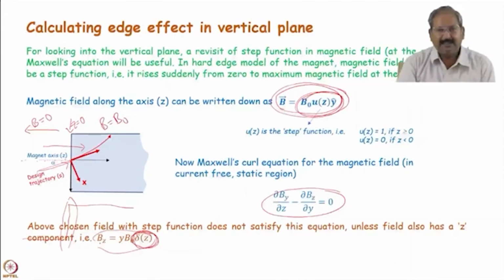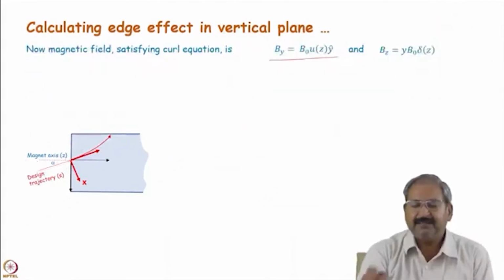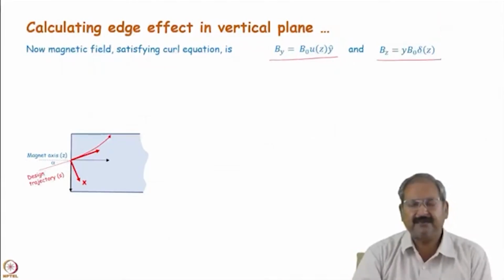It means only a vertical component is not possible in the magnetic field. You will have some Bz component also. So the magnetic field which you assumed is not correct. You have to add some component along the z axis also, then it will satisfy the Maxwell equation. You have the By which you have taken, and this is the correction term which you have to add for satisfying Maxwell's curl equation.